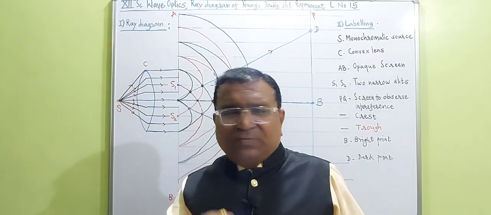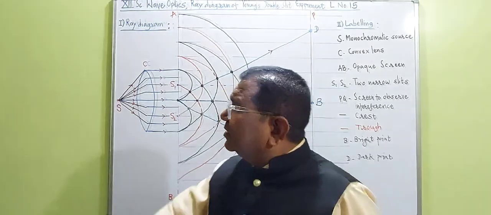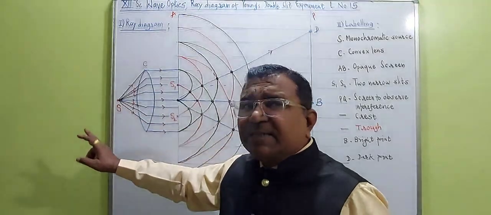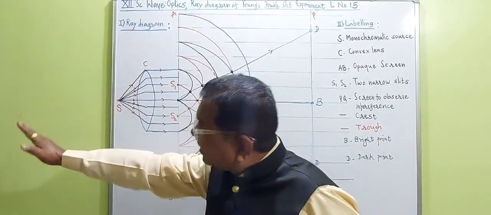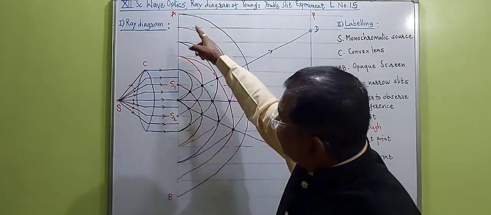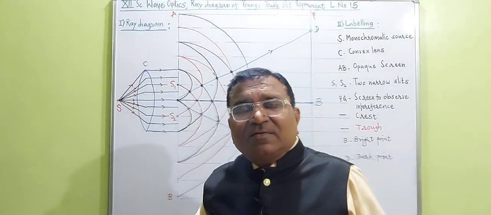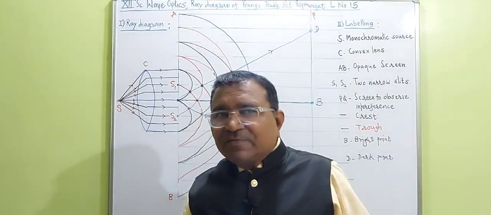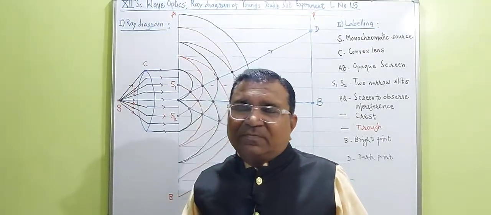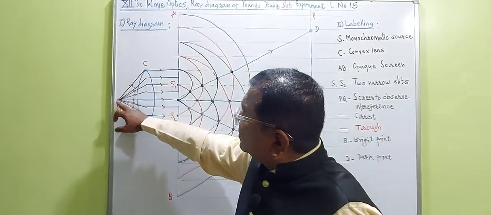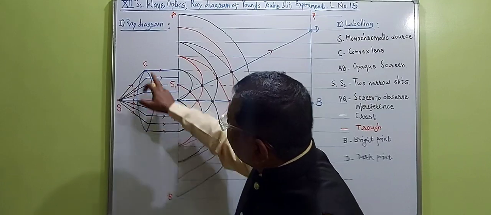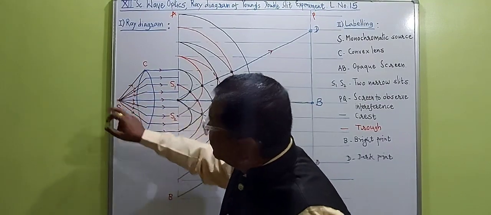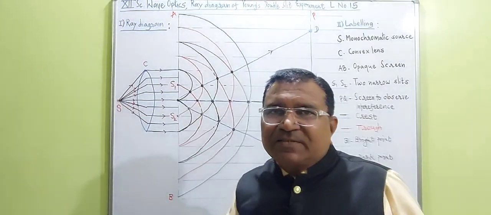Sentence number 2. This point source S is placed at infinity or far away from the screen. This is the first method. Or this point source S is placed at the focus of the convex lens. What is meant by focal point?